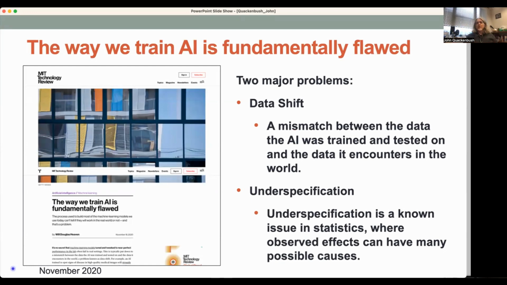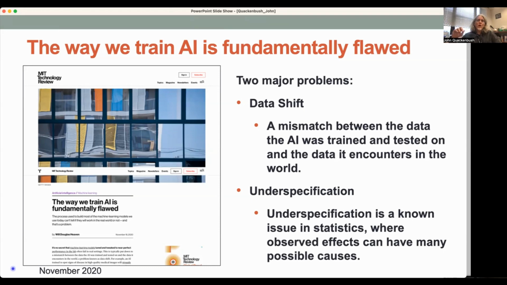So if I train an algorithm here in Boston and then attempt to apply it in New York or San Francisco or London or New Delhi, it may fail for a variety of reasons, one of which is the fact that the way in which we encode data here may be different than the way in which data is encoded at these other institutions. There may be racial and ethnic differences in the population that influence what we see. There can be a whole host of different factors based on the shifts in data itself that cause the algorithms to fail, to potentially learn artifacts rather than learning the true drivers of conditions.